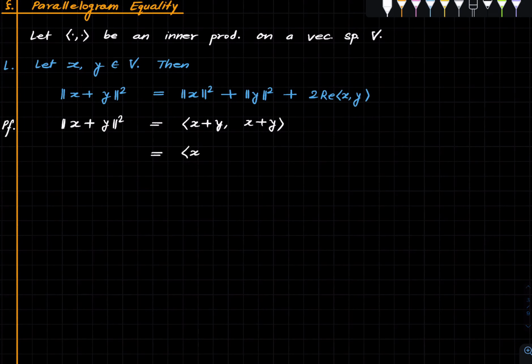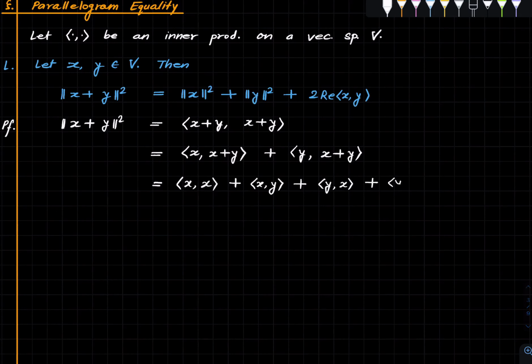So let us use the additivity property that is enjoyed by the first slot. I'm doing it very, very slowly. Okay, and now let us use the additivity property enjoyed by the second slot. This is norm x squared, this is norm y squared, and so let's write that.